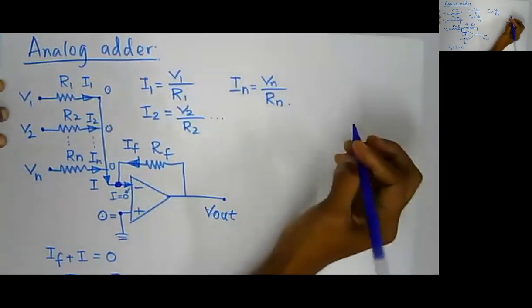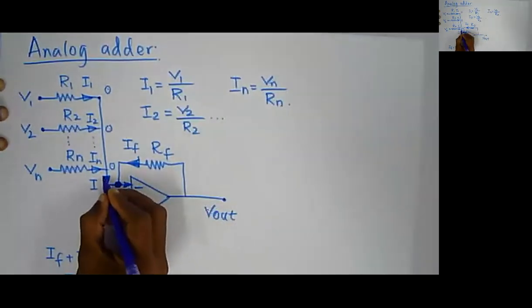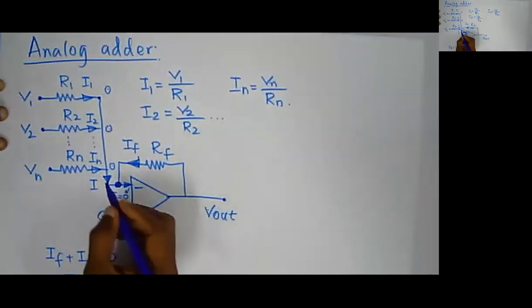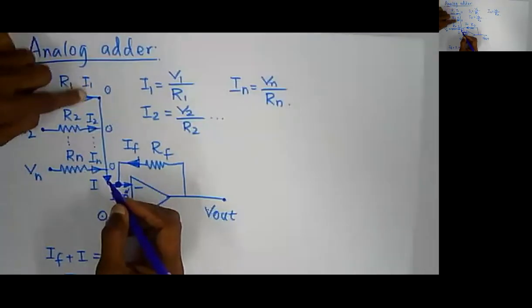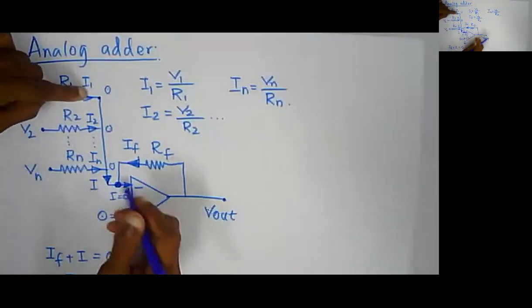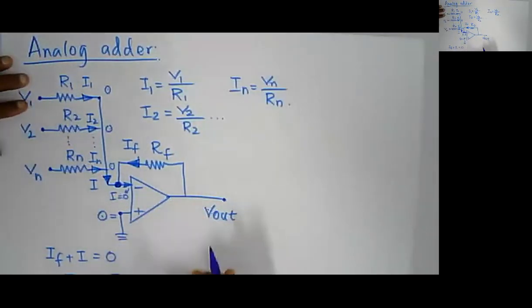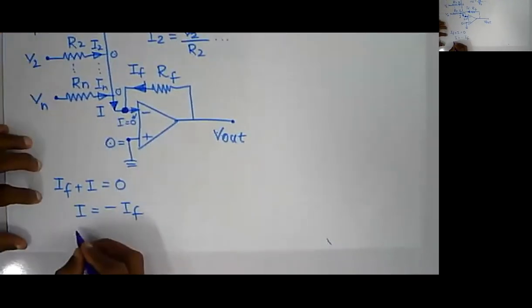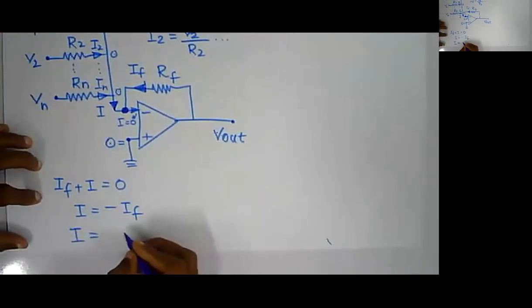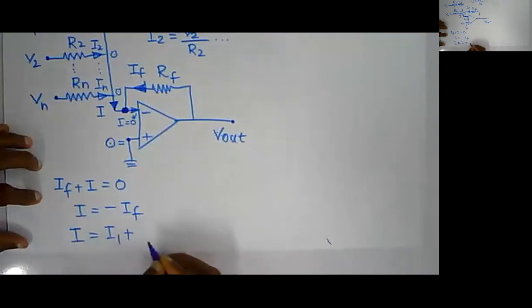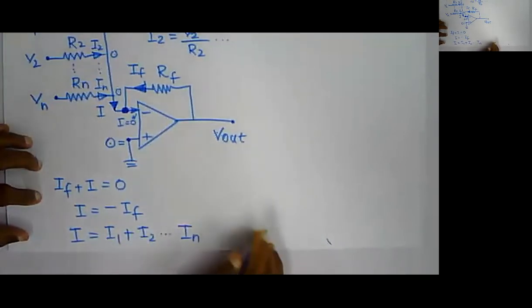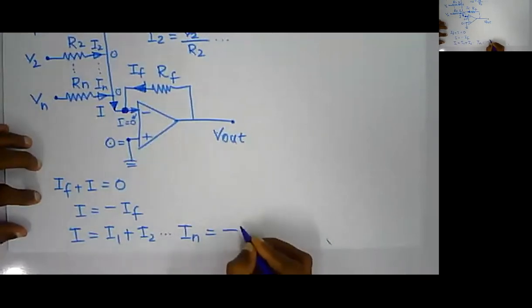Clear? Again, I can say that my I is equal to the addition of all these branch currents. So my I is equal to I1 plus I2 up to IN, which is again equal to minus IF.